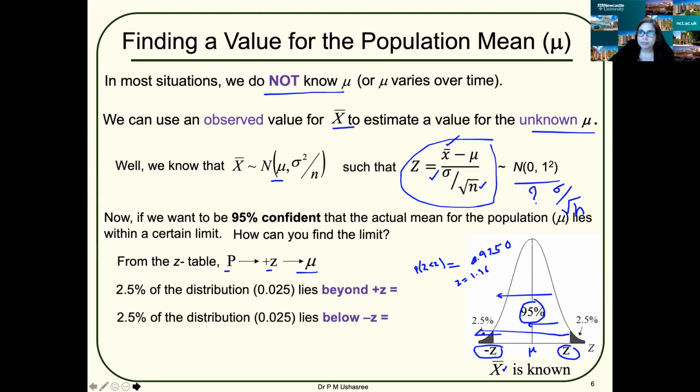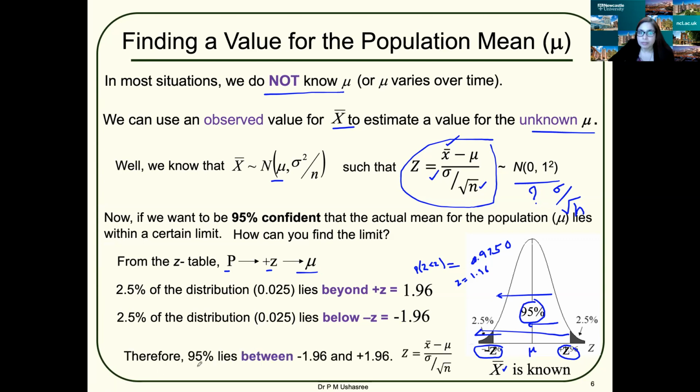If Z is 1.96, by symmetry, minus Z will be minus 1.96. So our Z value will lie between minus 1.96 and plus 1.96, and we are 95% confident about this.